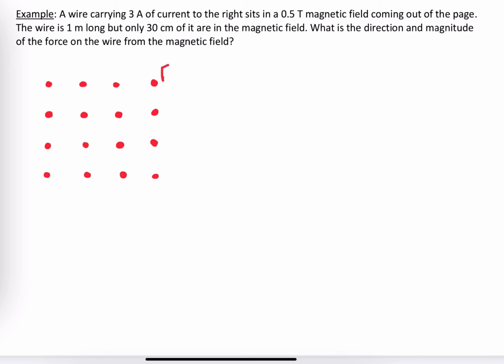So there's my magnetic field, 0.5 Teslas. And I've got a wire carrying 3 amps of current to the right. The wire is 1 meter long.